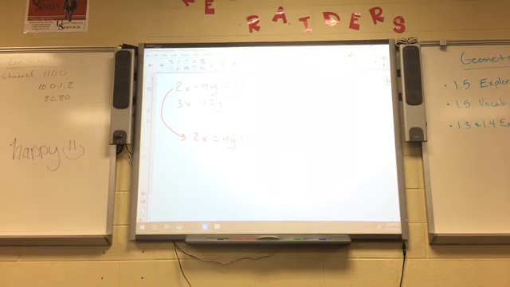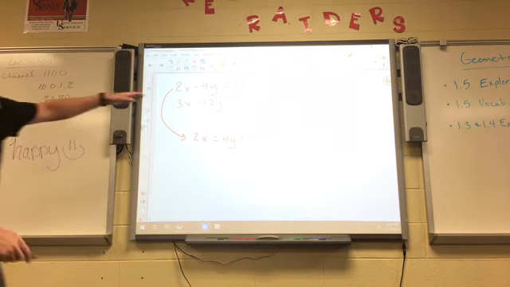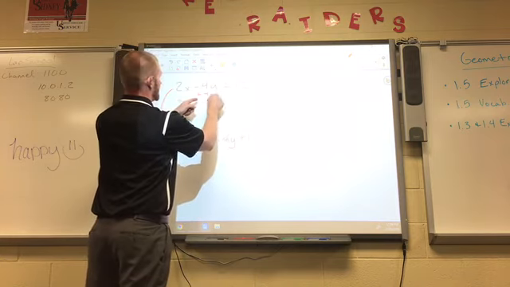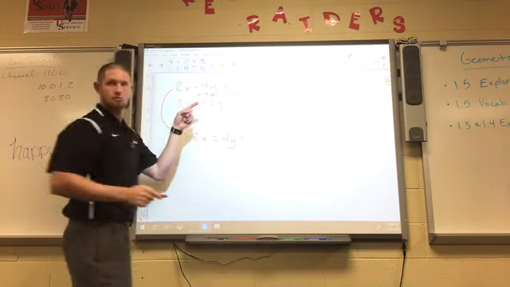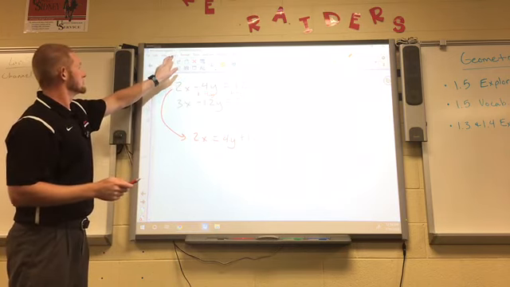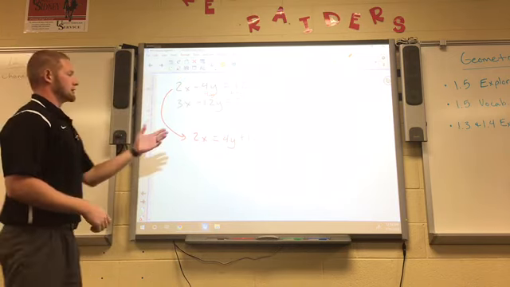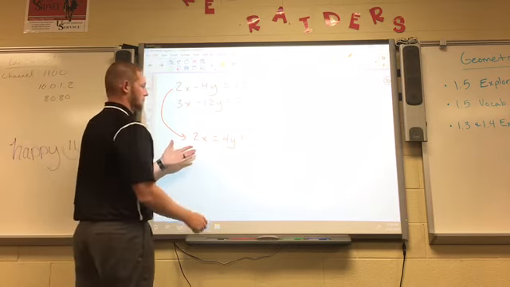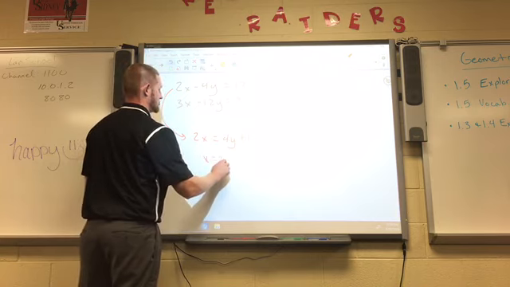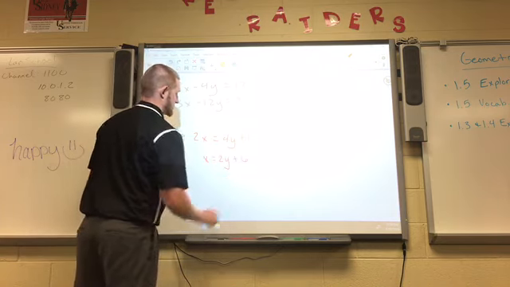Since the 4y went from the left side to the right side, I had to add it to both sides. Now, to get x by itself, I need to divide everything by 2. So I get x equals 2y plus 6.